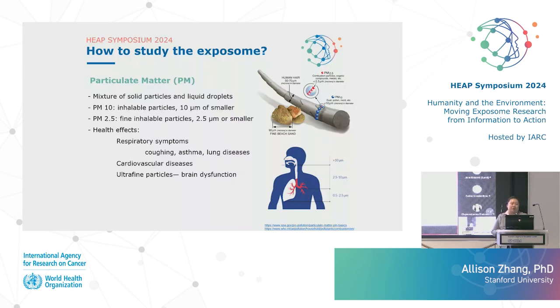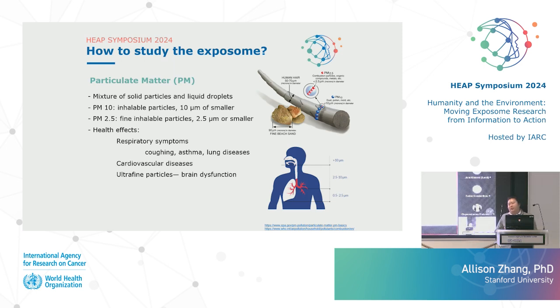The most well-studied airborne component is particulate matter. Those are small droplets in the air and can be categorized into groups such as PM10, which defines particles smaller than 10 microns, and PM2.5 for particles smaller than 2.5 microns.